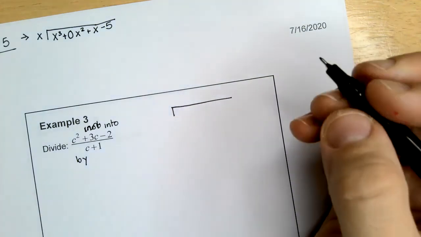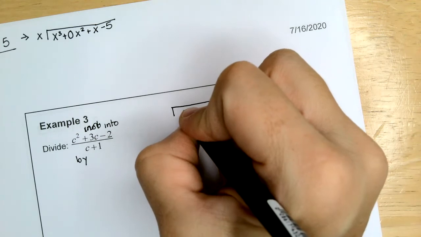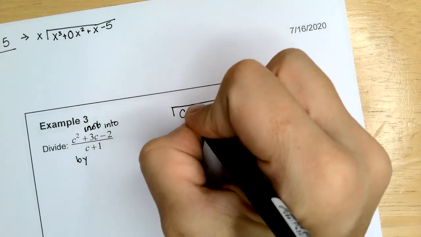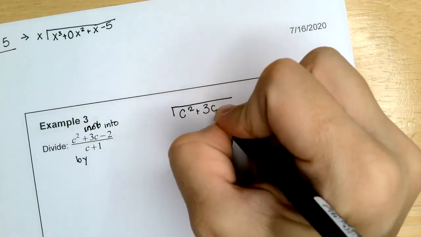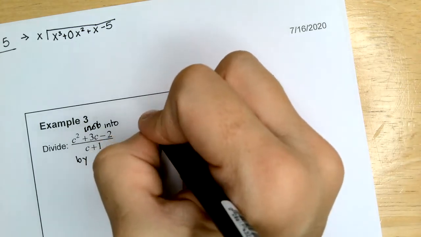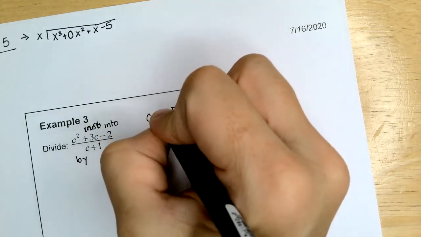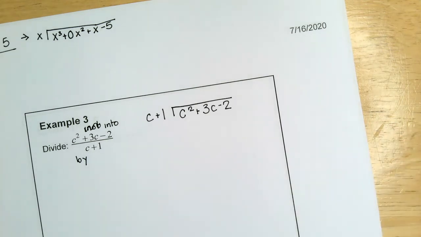You make a house. You put what you're dividing into inside the house, and then you take what you're dividing by and put it out. Good? Okay.